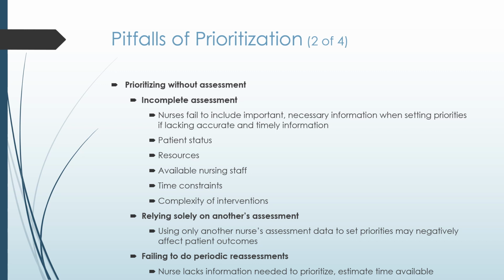I have told time and time again students in my clinical, you do not rely solely on another nurse's assessment. If a nurse tells you the patient had clear lung sounds, you don't rely on that data. You assess that patient for yourself. Those patients' lungs can change at any moment, okay? Failing to do ongoing reassessment, you're going to fall in the pit.